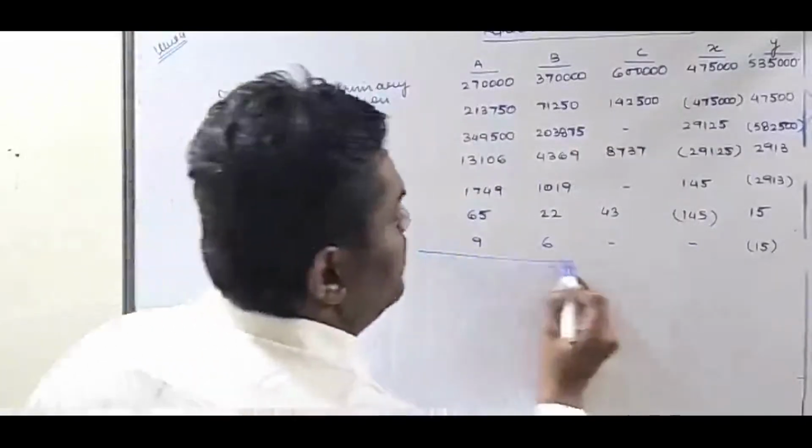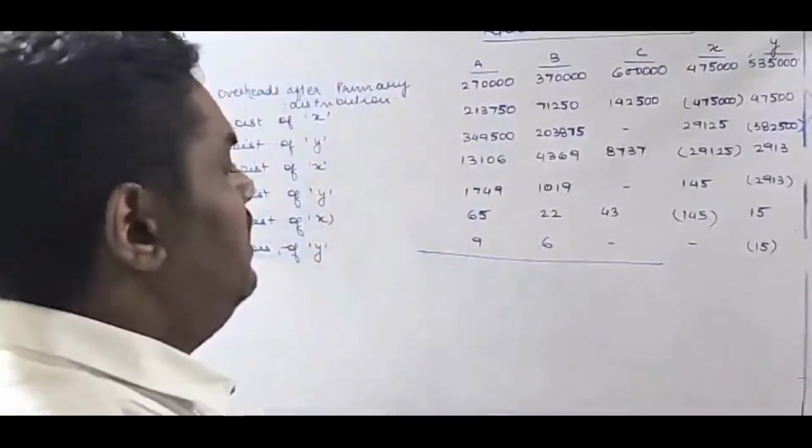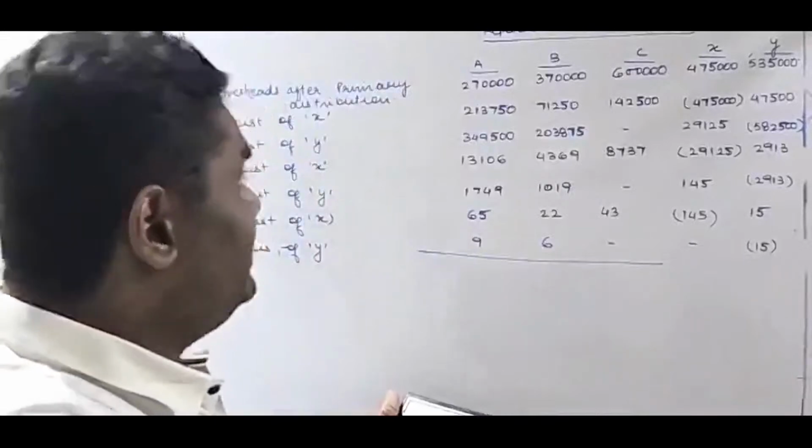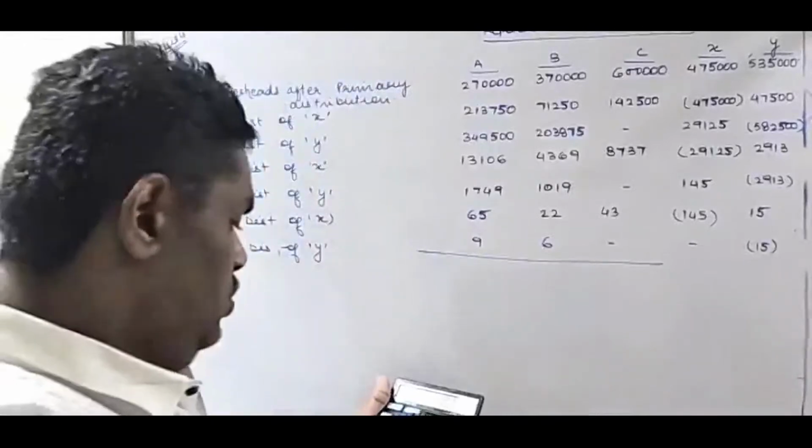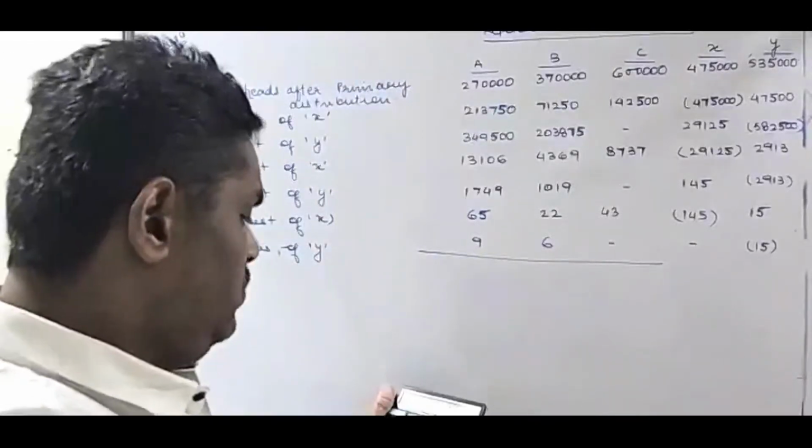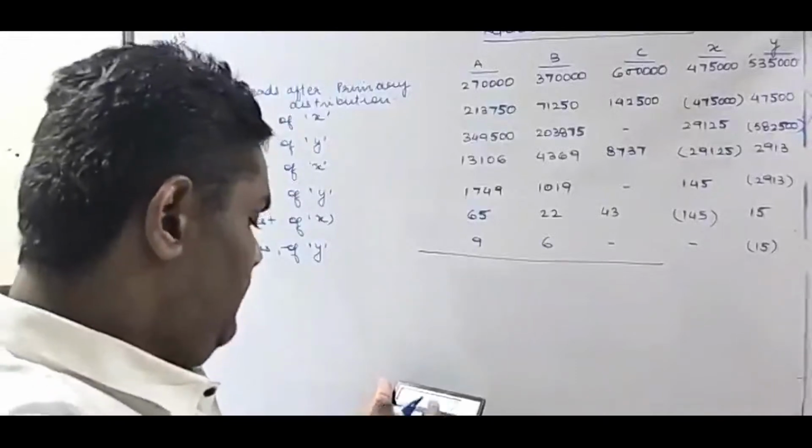So we have got the total overheads of A, B and C. So this will be 2,70,000, 213,750, 349.